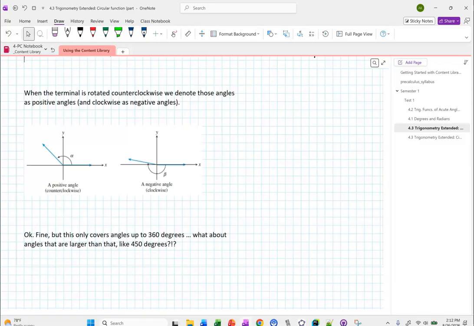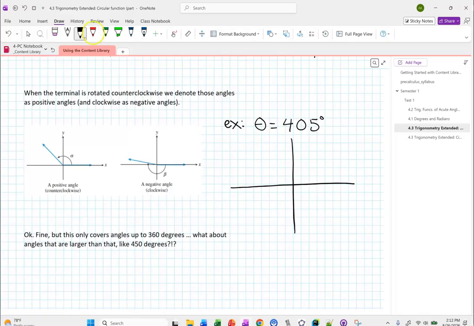What if I want things that are bigger than 360 or smaller than negative 360? What if I wanted to do, say, 405? Okay, well, start the same way. Vertex at the origin, initial side, and we started our rotation.